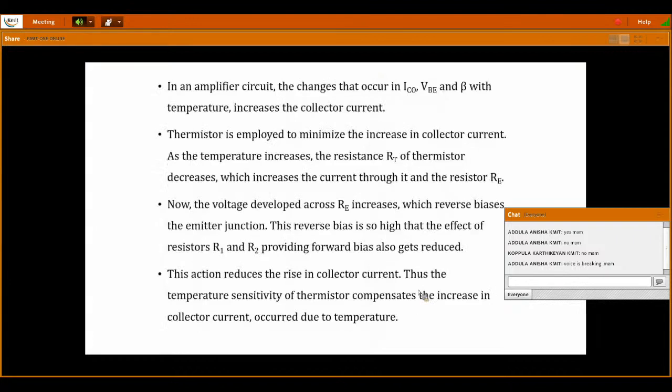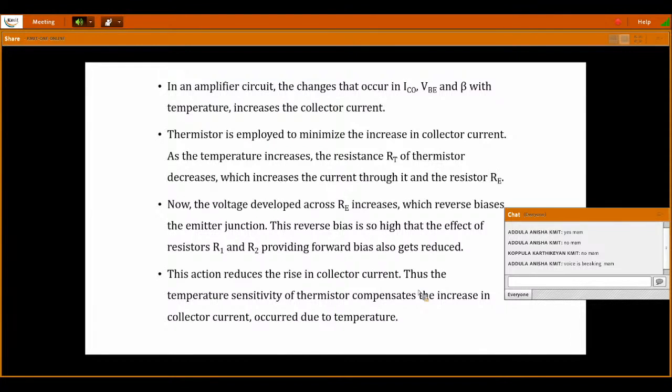RE. Now in an amplifier circuit, the changes that occur in the leakage current or in the base to emitter junction voltage and the beta with temperature increase the collector current. So in order to maintain that collector current, the thermistor is employed.